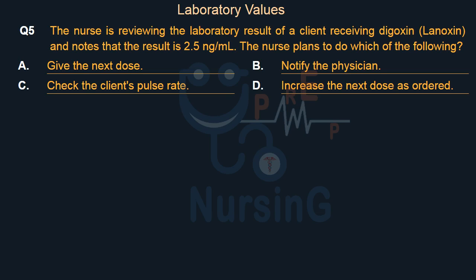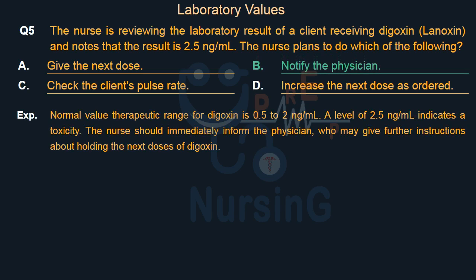Right answer is Option B, notify the physician. The normal therapeutic range for digoxin is 0.5 to 2 nanograms per milliliter. A level of 2.5 nanograms per milliliter indicates toxicity. The nurse should immediately inform the physician, who may give further instructions about holding the next doses of digoxin.